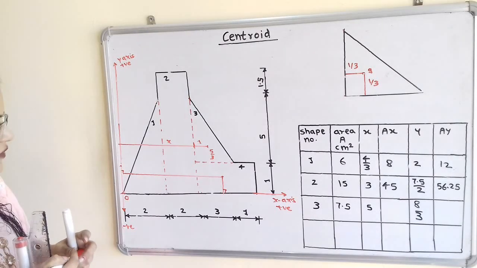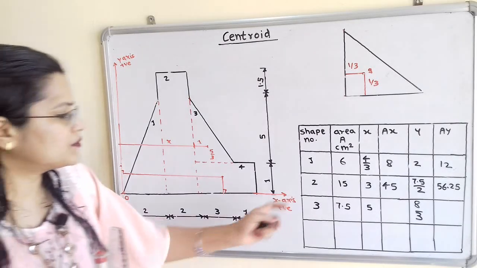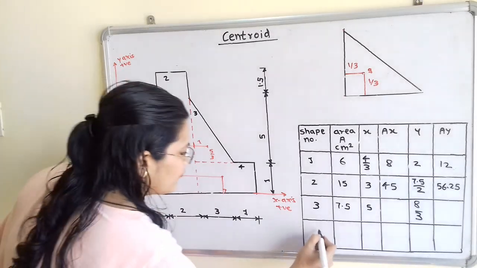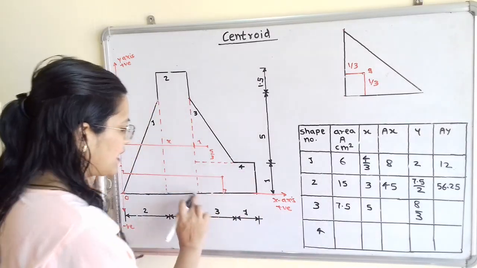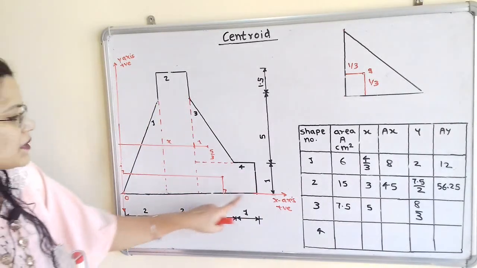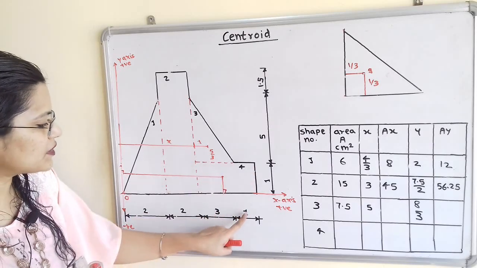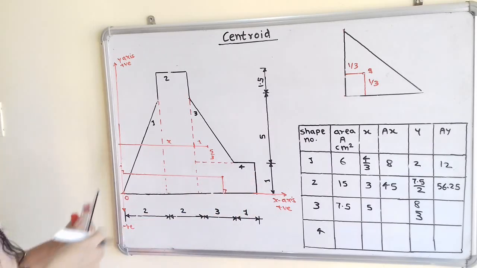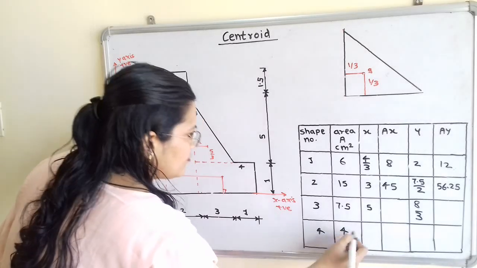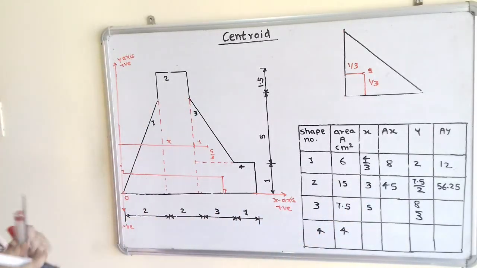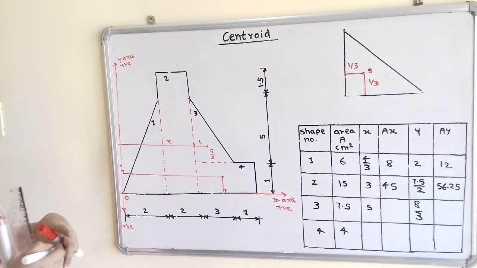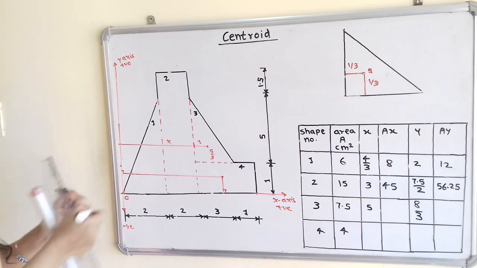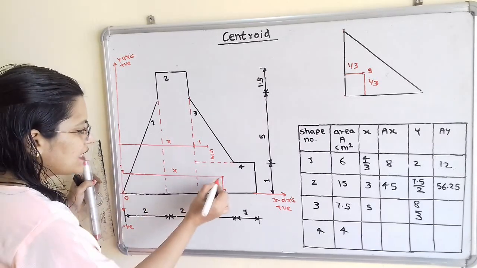Now if we observe, we have to fill up this table. So again, shape number 4, area of this rectangle, that is base multiplied by width, that is 3 plus 1, 4 multiplied by 1, that is 4. Then value of x. So this horizontal distance is known as x. So how to calculate this? So this is the center point.